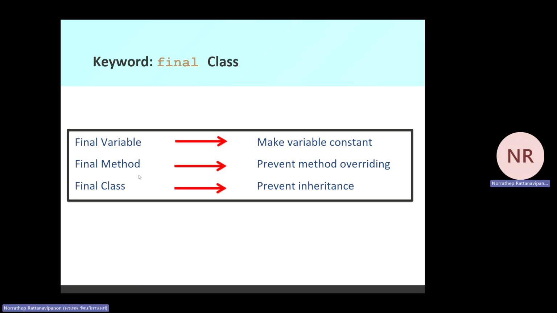If you apply it to a method, that method is final, meaning it cannot be overridden later by its subclass. If you declare a class final, then it guarantees that this class cannot be extended or inherited later. You cannot have a subclass of the final class.